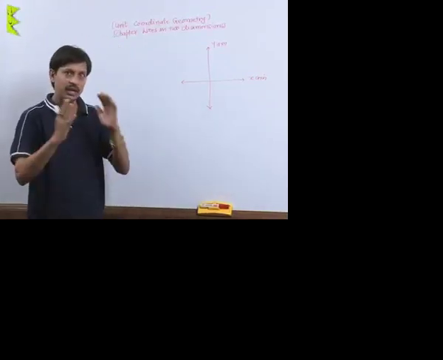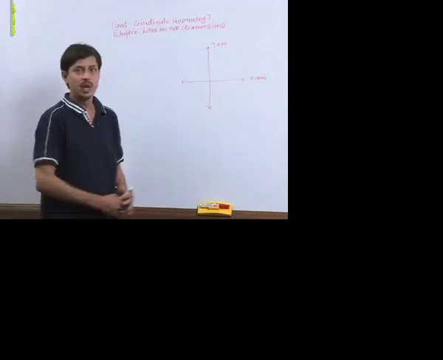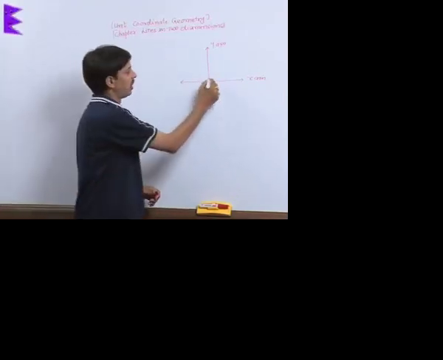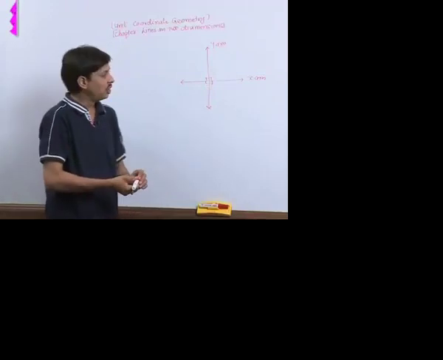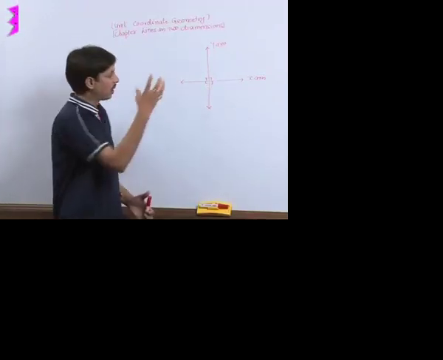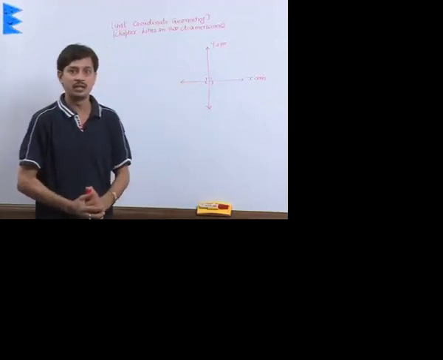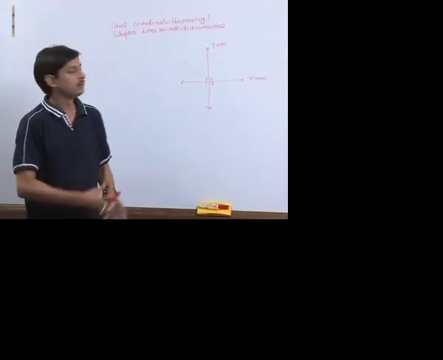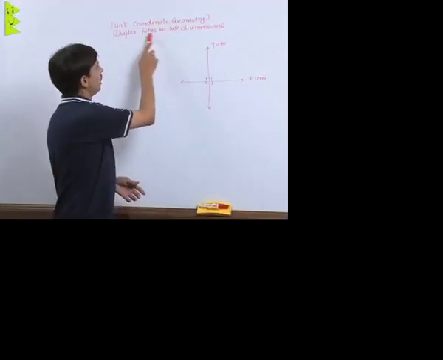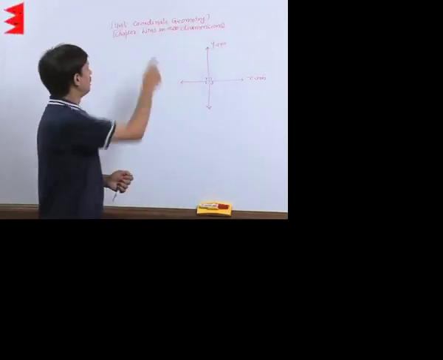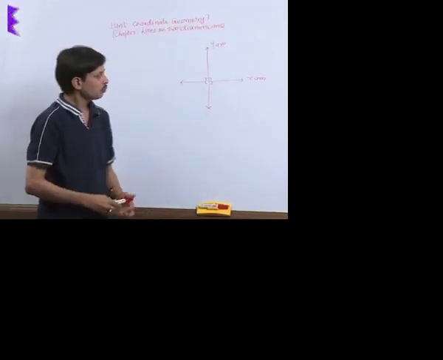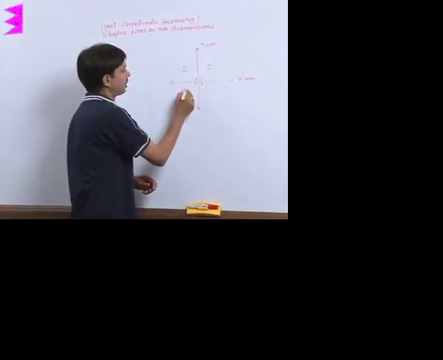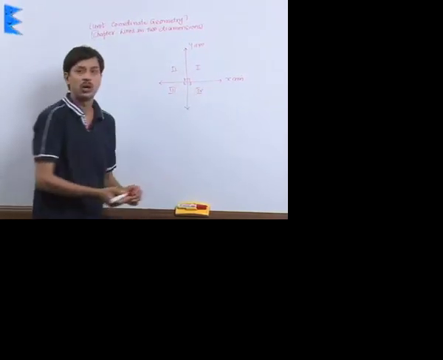And when this plane is separated by the two axes, the x-axis, the horizontal one, and the other perpendicular to it, the vertical one, and when these two axes separate our plane into four identical parts, then finding the distance and studying the other concepts comes in the chapter lines in two dimensions or under the unit coordinate geometry. So this is the first quadrant, this is the second quadrant, this is the third quadrant, and this one is the fourth quadrant.